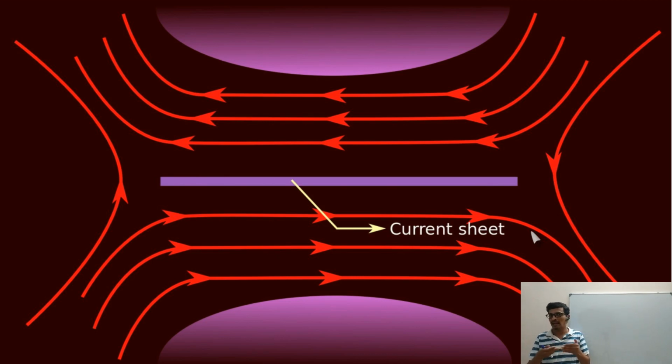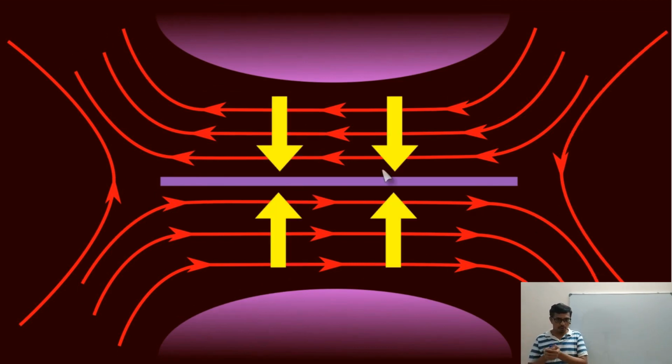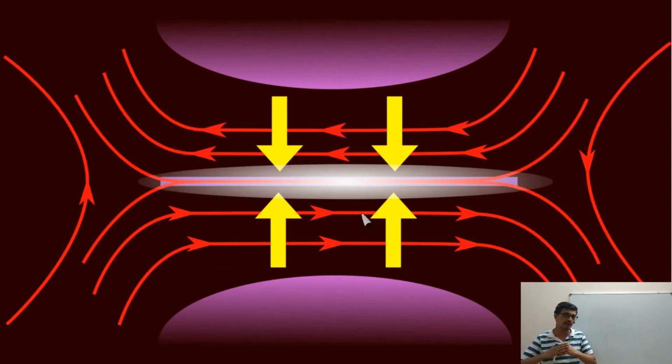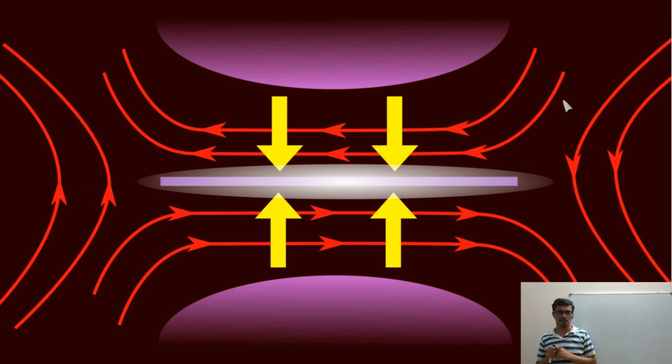Something more interesting happens at the neutral sheet. As the plasma keeps compressing the magnetic field lines further and further, the field lines come closer and closer to the neutral sheet, and at some point the field lines merge, or basically annihilate at the neutral sheet, and get restructured. In this process, an amount of magnetic field energy density, B²/8π, is released, and that energy is dumped on the plasma along the neutral sheet.